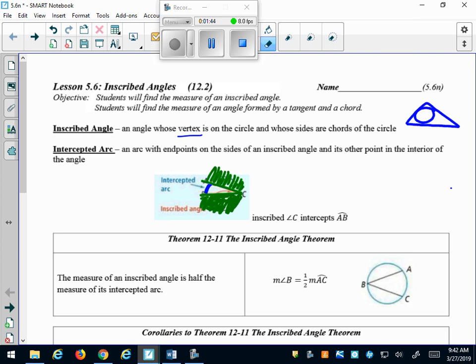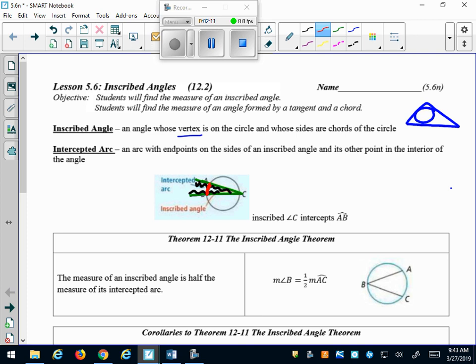Sometimes I describe this: imagine the angle that you're talking about as an alligator mouth, right? And the arc is what that alligator is chomping on. This is the alligator mouth, and the arc is that piece of the circle that's inside the alligator's mouth.